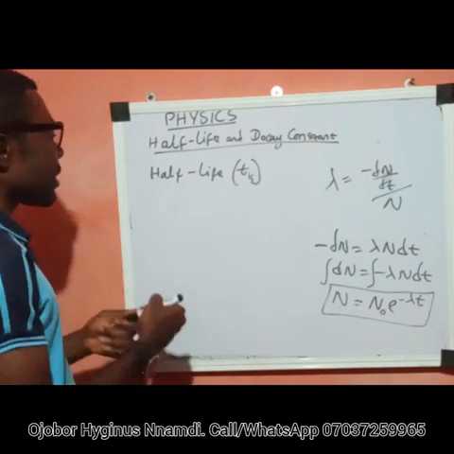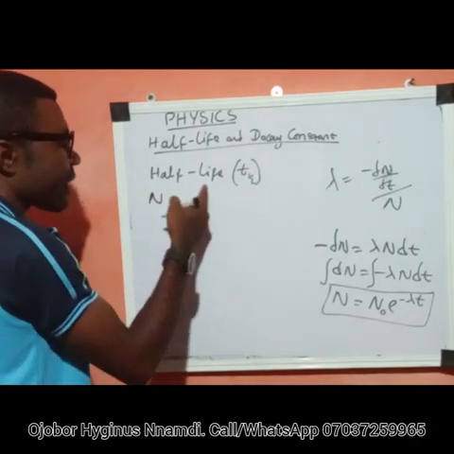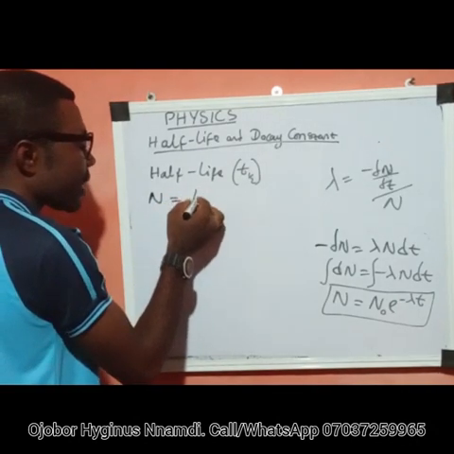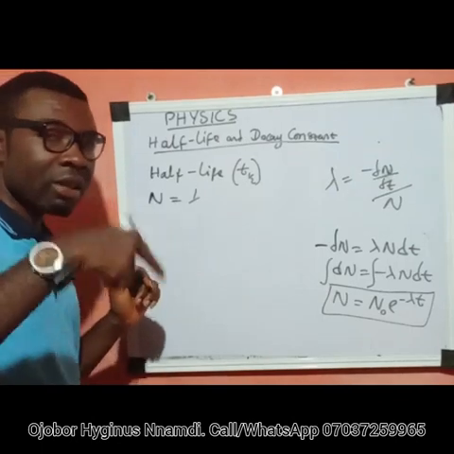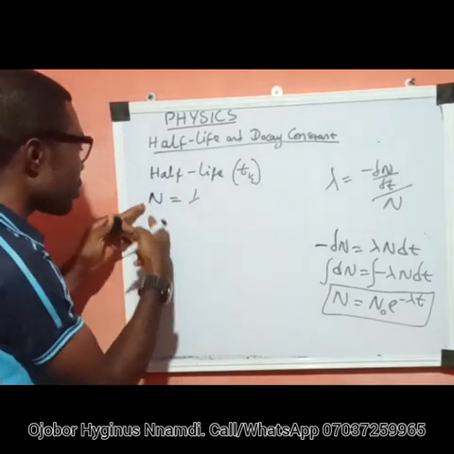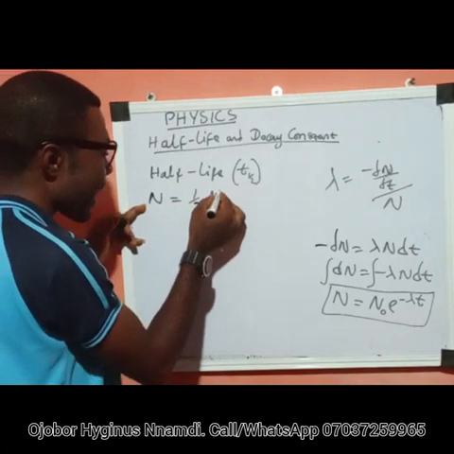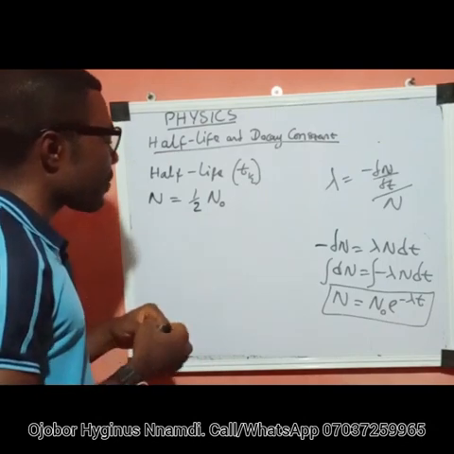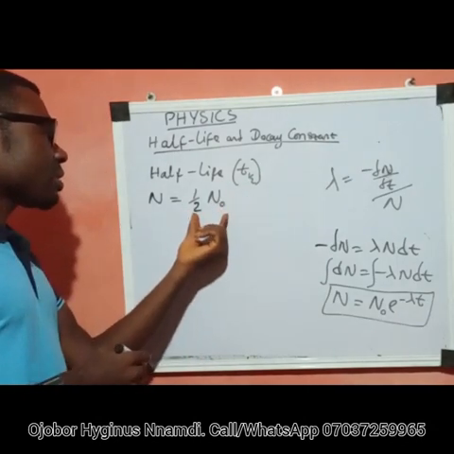Now for half-life, the half-life is the time taken for half of the atoms of an element to disintegrate. So the number of atoms that will remain after half-life should be half of the original number of atoms before decay. After half-life, half has decayed, and this is the number that will remain.